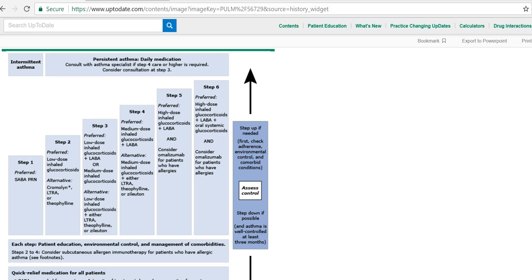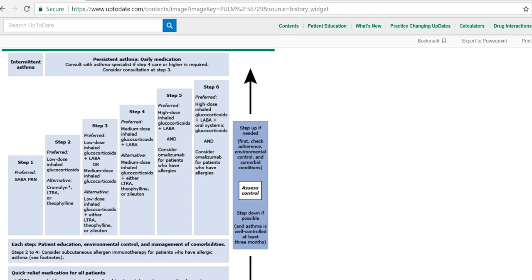I can think of one situation where beta agonists are contraindicated. That'd be if you have somebody on an MAOI, in which case you are able to go to an alternative of an anticholinergic agent, which is also a bronchodilator, so something like ipratropium, which you know is one of the components of a DuoNeb. So anyway, that's for our step 1 patients.